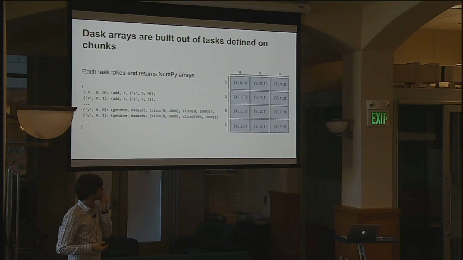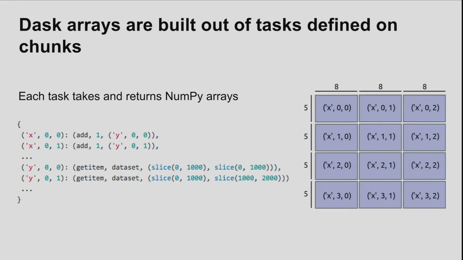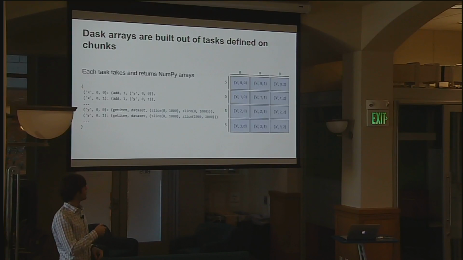I want to talk about the Dask array in particular, because that's the tool I'm familiar with, and it works really well with tools like Xray. A Dask array is a data structure built out of chunks, with tasks defined on chunks. Like many distributed array systems, if I have a big block, I divide it up and define how things work on individual pieces of the array, and then I know how to fit them all together later.